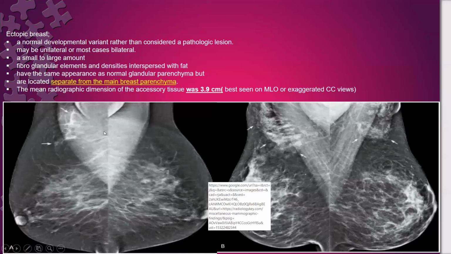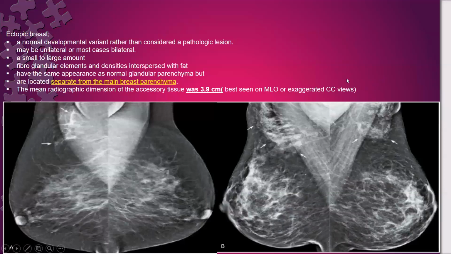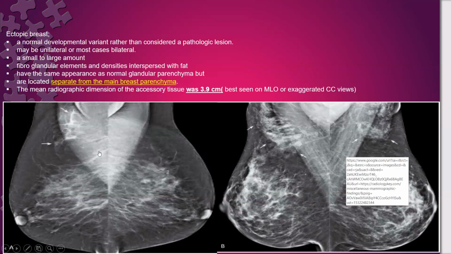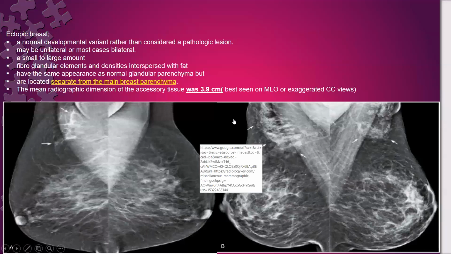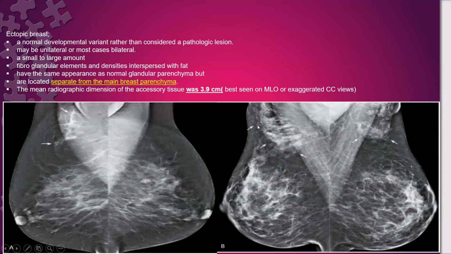So ectopic breast is a normal variant. We should not consider it a pathology. It can be bilateral or unilateral, small or large.